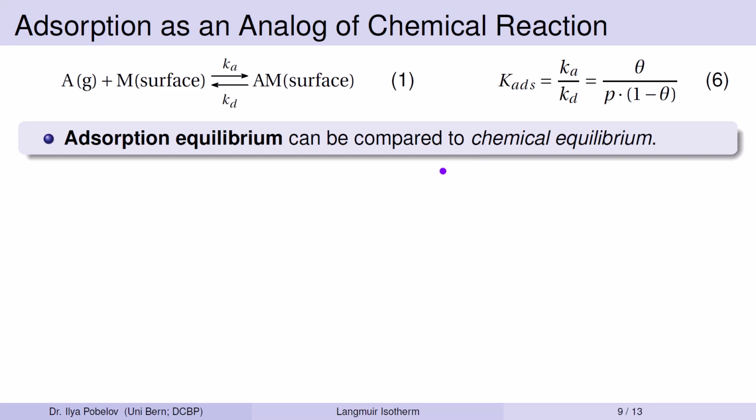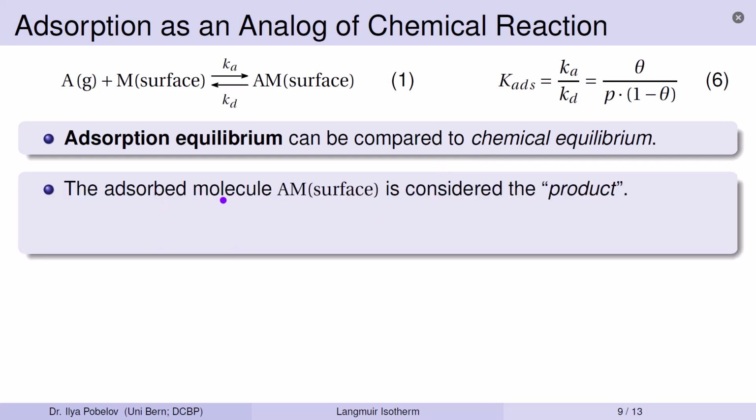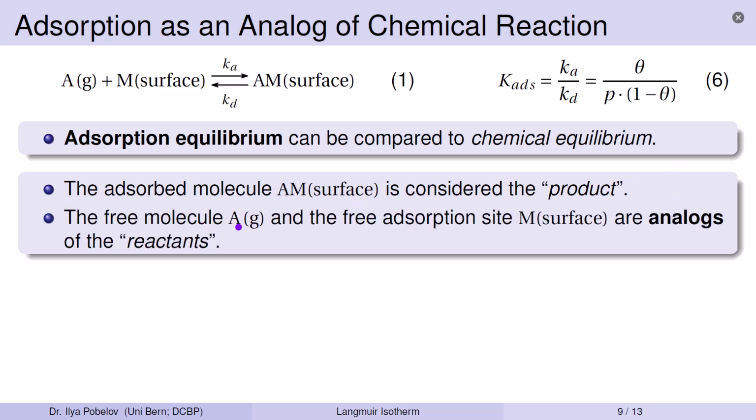In this analogy, the adsorbed molecule AM is considered the product, while the free molecule A in the gas phase and the free adsorption site M on the surface are analogues of the reactants.